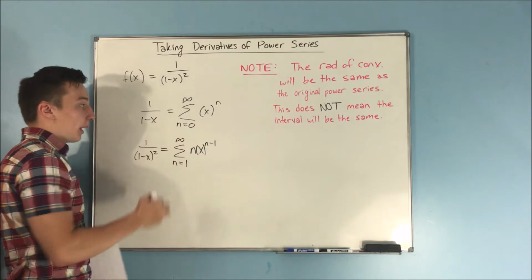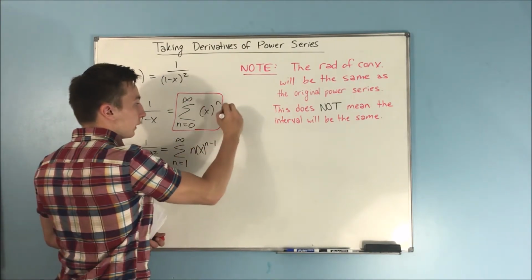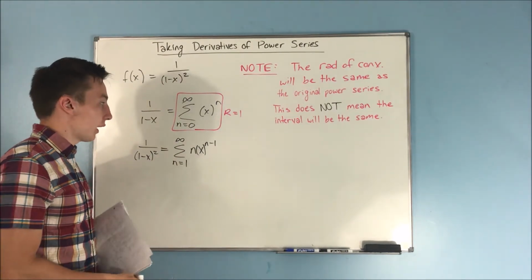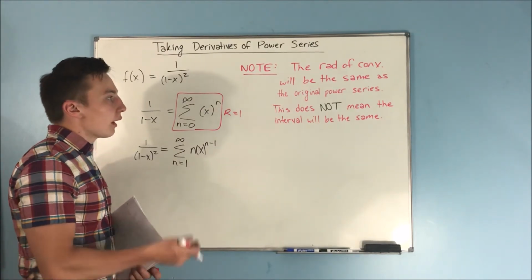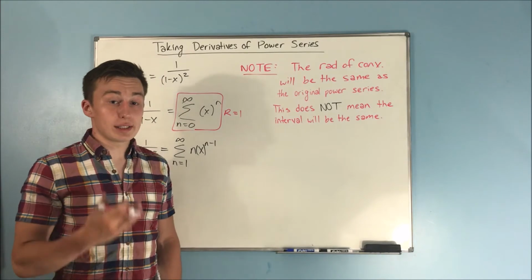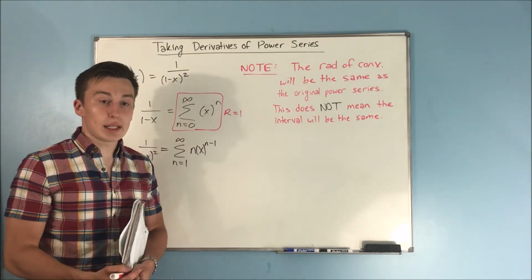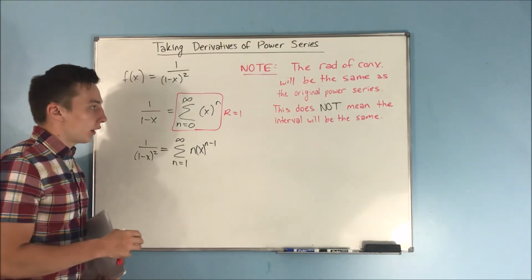This is our original power series that we started off with. Here we know that r is equal to 1, so the radius of convergence of this is also going to be 1. But this does not mean that the interval is going to be the same. That's something you've got to realize. The interval is not always going to be the same. It may be the same in some cases, but in other cases it's not going to be the same. So that's just a quick note.